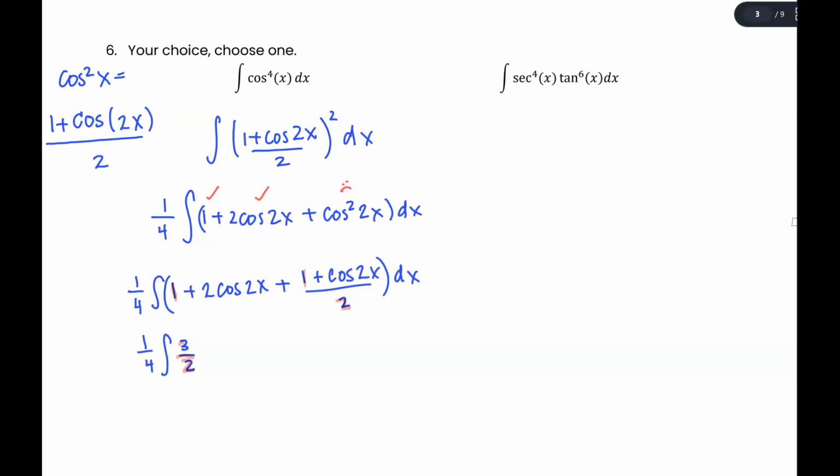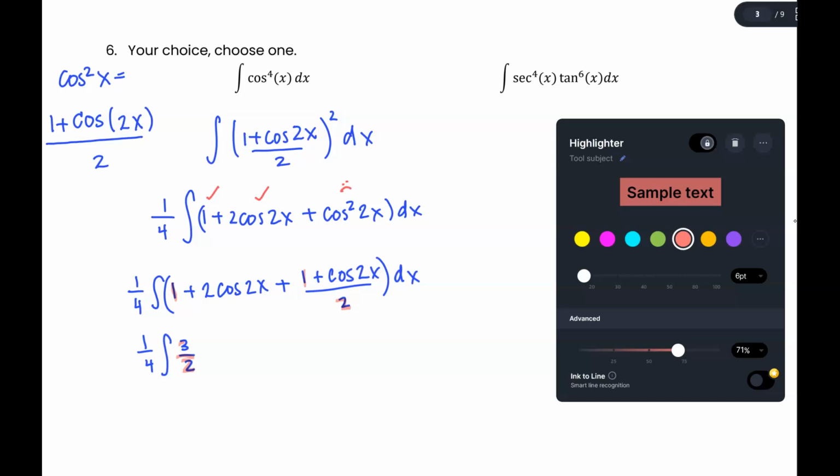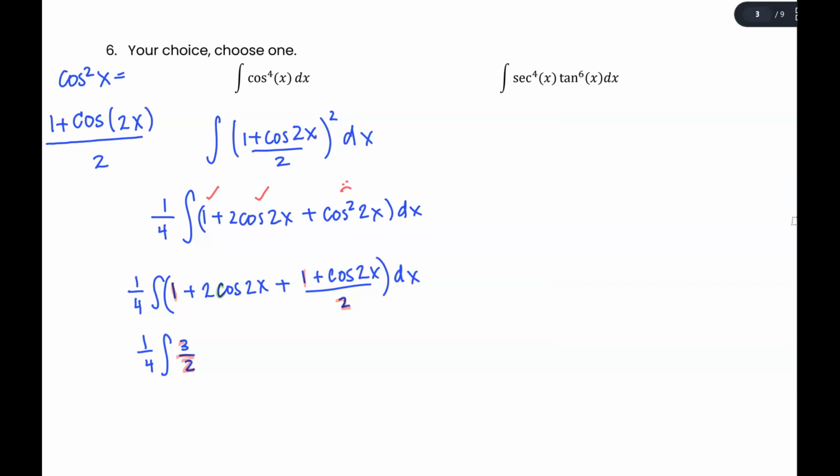And let's use a different color. Cosine of 2x and cosine of 2x here are both also looking like we can add those together because we have like terms. So I have 2 cosine of 2x plus a 1/2 of a cosine of 2x. So we'll end up with a plus 5/2 cosine of 2x.